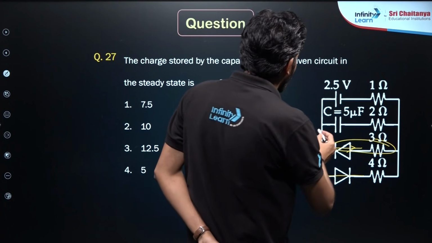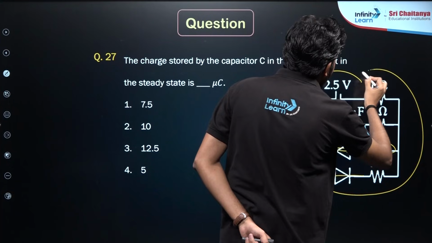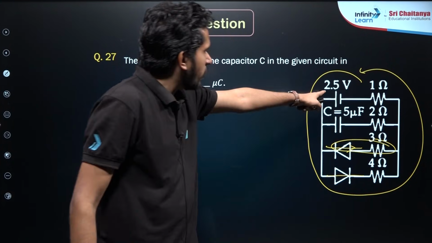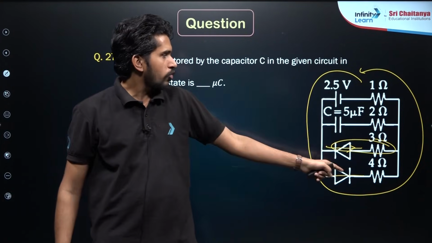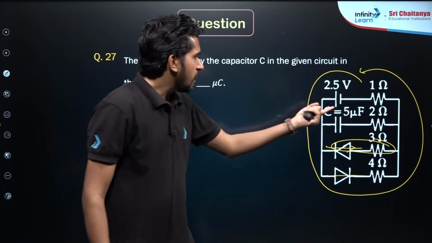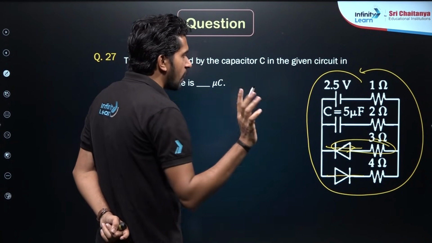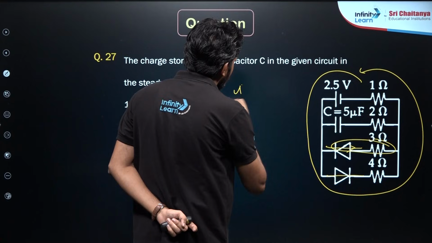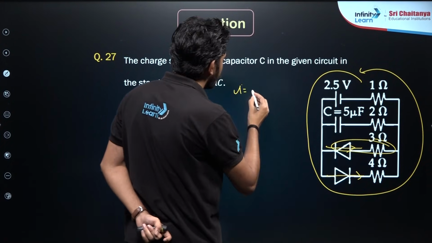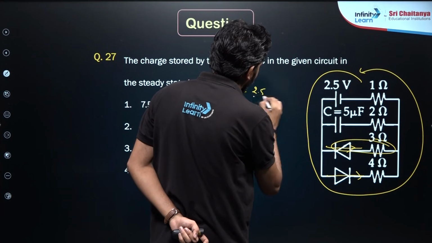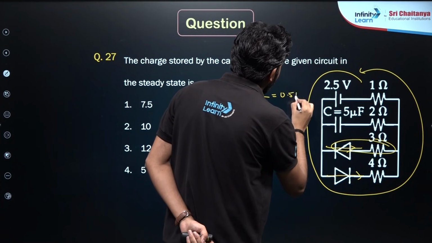First of all, let's talk about this outer circuit. In the outer circuit we have 2.5 volts, 1 ohm, 4 ohm. The total resistance: 4 ohm and 1 ohm are in combination, so the net resistance would be 5 ohms. So what would the current I be? The current in this circuit would be 2.5 upon 5, so 0.5 ampere.